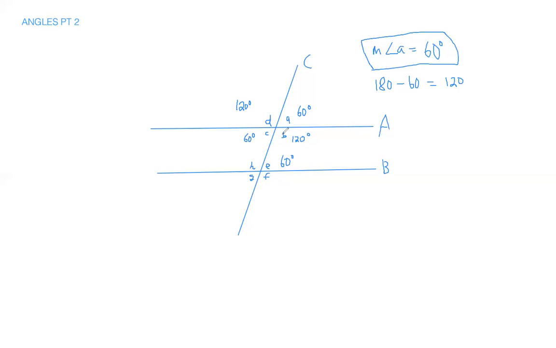So, by the same logic we did here, we have that G is equal to 60, F is equal to 120, and H is equal to 120 as well.